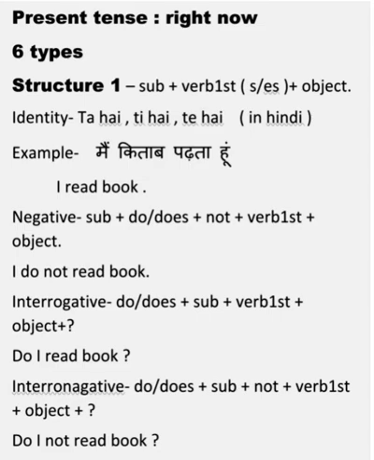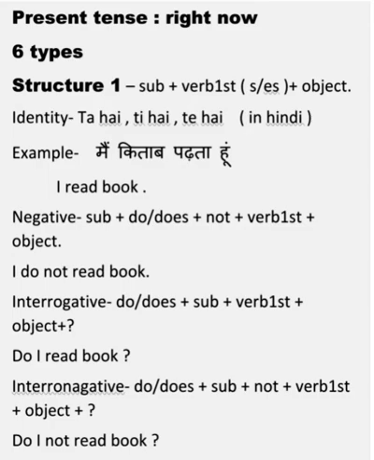After that, it's written here: negative structure for the negative sentence. मैं किताब पढ़ता हूँ, मैं किताब नहीं पढ़ता हूँ. This is negative. So subject plus do/does plus not plus verb first form plus object. Now there is a new thing, do and does. Do and does are helping verbs here.